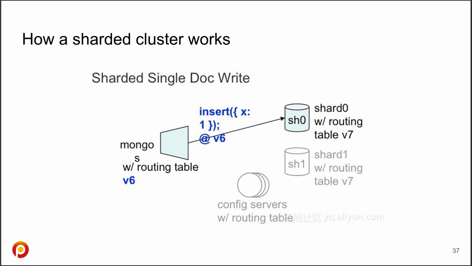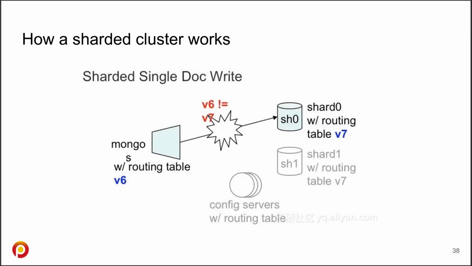So what happens, for example, when, let's say, this shard 0 had to move a chunk around, so my routing table is on version 7. My mongos does not know that, so my mongos is trying to insert a document, but I'm on version 6.